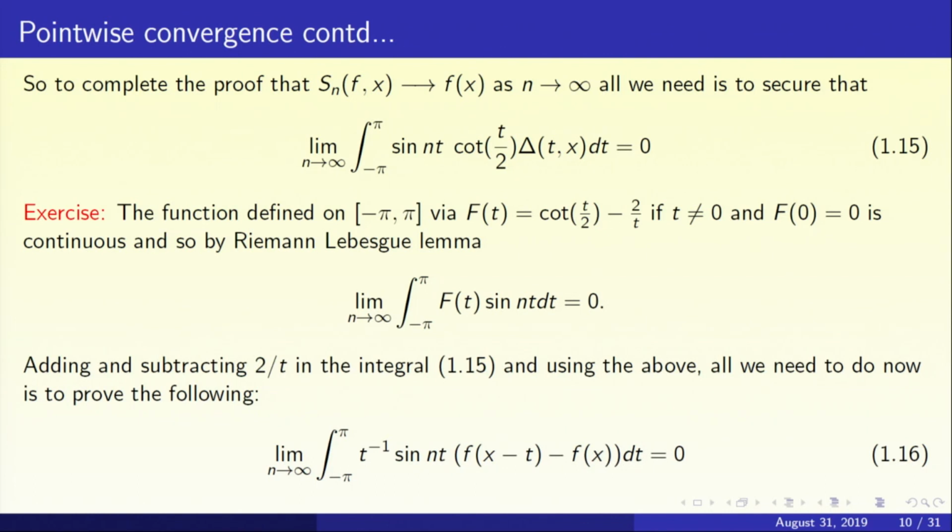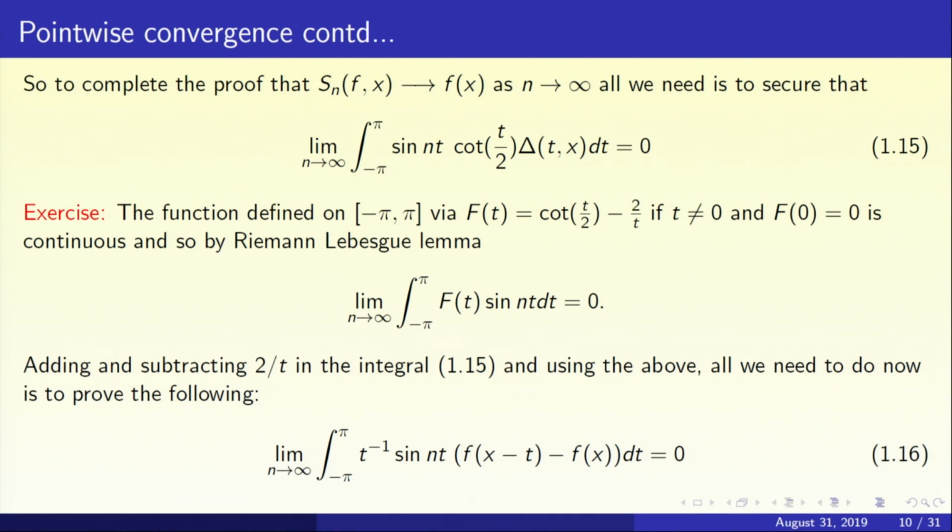It behaves like 2 upon t near the origin. So let us subtract 2 upon t from cot(t/2) and call the difference F(t). So we define F(t) equal to cot(t/2) minus 2 by t if t is not equal to 0, and at 0 let us define it to be 0.